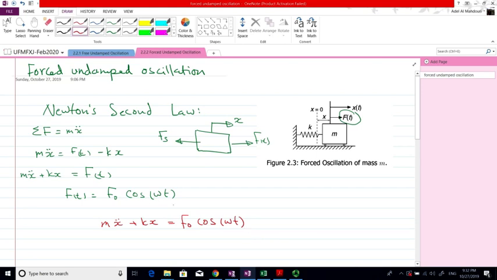Remember that omega in here is not the natural angular frequency of the system, but the frequency of the driving force.